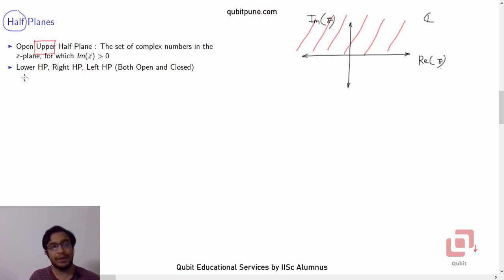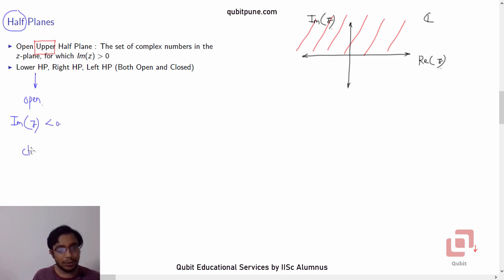And similarly we can define the lower half plane. We may define it as an open lower half plane or a closed lower half plane. Remember, the moment we use the word closed, we have to include the equal to sign. So for the open lower half plane, the imaginary part of the complex number z is less than 0.